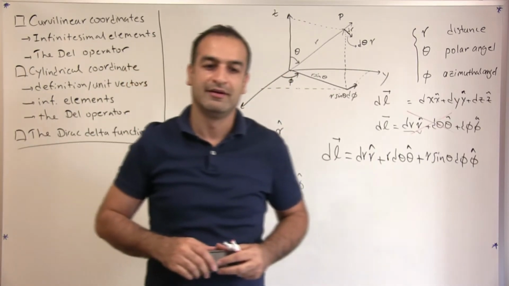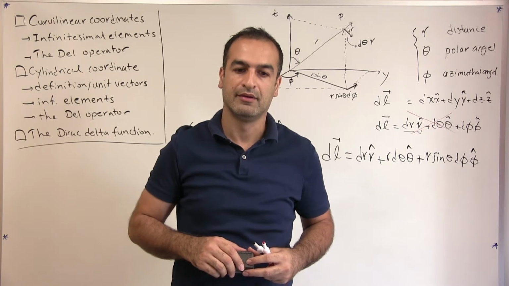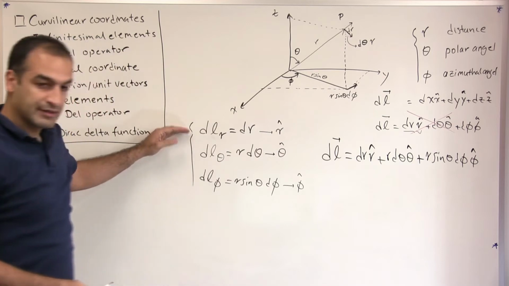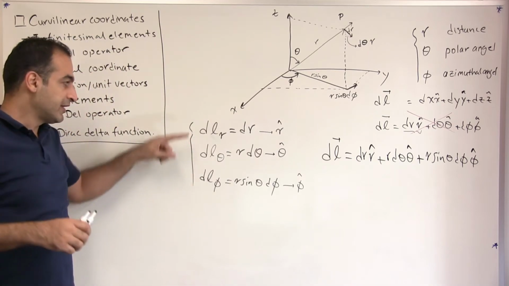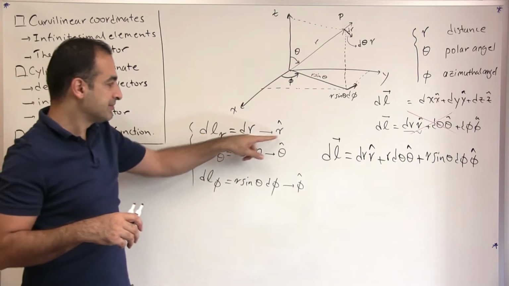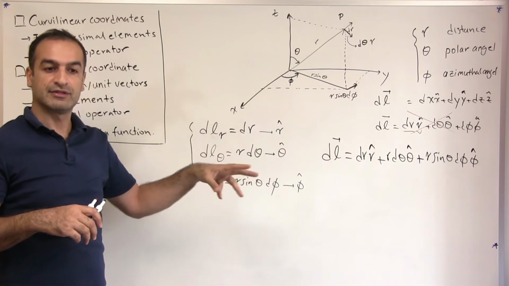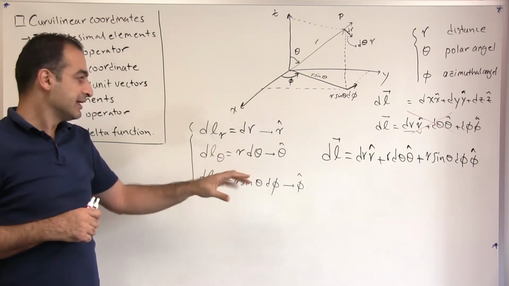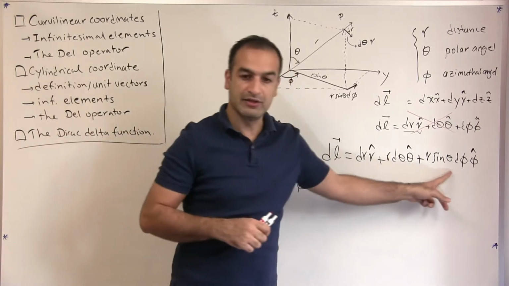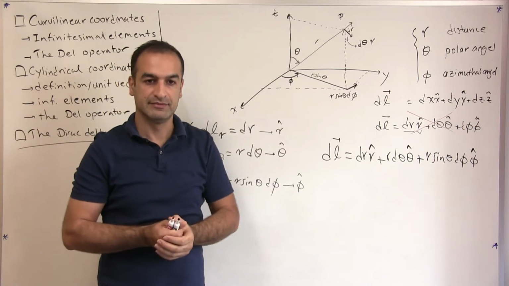So that is assuming everything else except the variable that is changing stays constant, right? When I wrote this set of equations, I assumed one of them is changing and the two others are constant. Then I looked at the displacement and said they are in the direction of the unit vectors, as they should be. So this is written with that assumption, but this dl actually includes any random displacement in all directions combined.